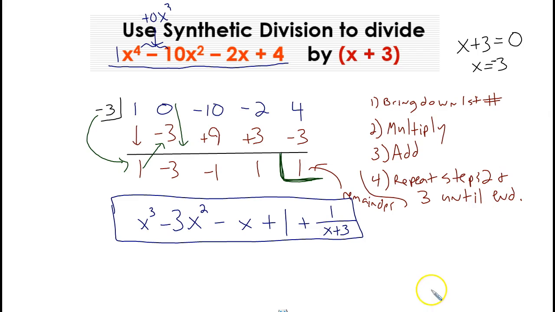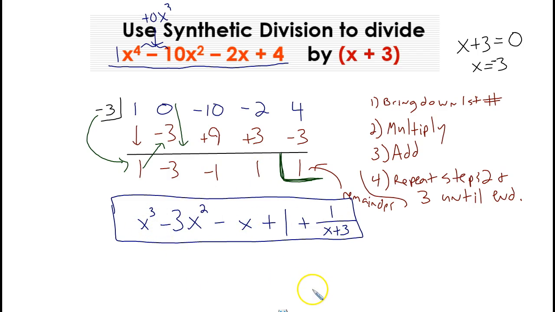This is synthetic division. This is using synthetic division to divide a polynomial by another polynomial. Okay, we got to get used to the steps. Bring the first one down, multiply, add, multiply, add, multiply until you get to the end. The last one's your remainder. And then we've got to get used to how to interpret this as our final answer.